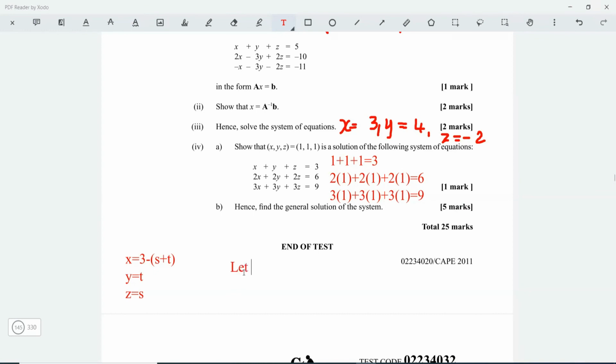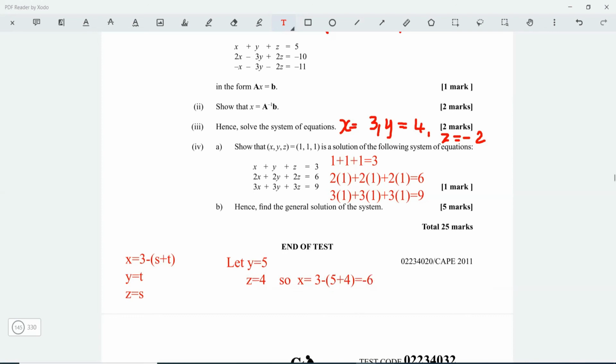So let y equal 5 and z equal 4. If y equals 5 and z equals 4, then x would be equal to 3 minus the sum of them, 5 plus 4, which is 9. 3 minus 9 is negative 6.